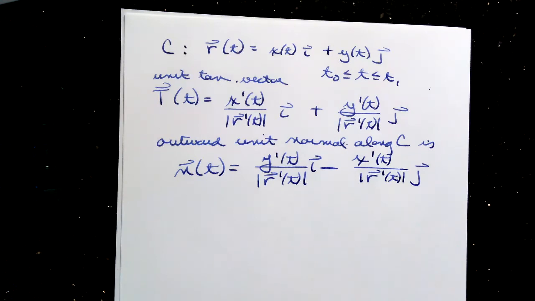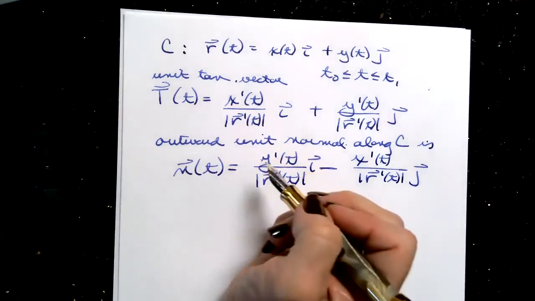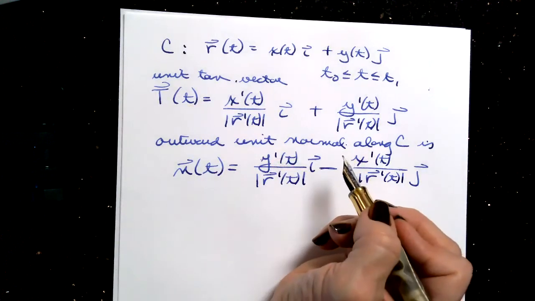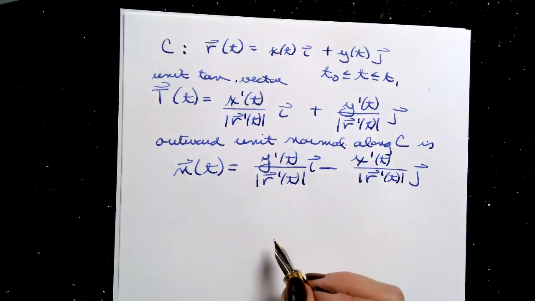And you can check that that's a unit vector and a normal because it's orthogonal to the tangent vector. Just take the dot product, you'll see it's 0. It's sort of obvious.